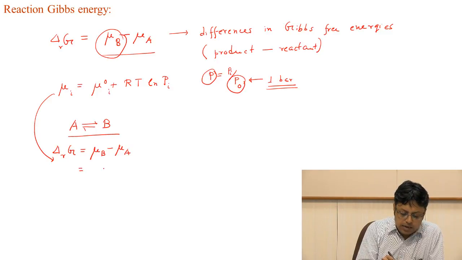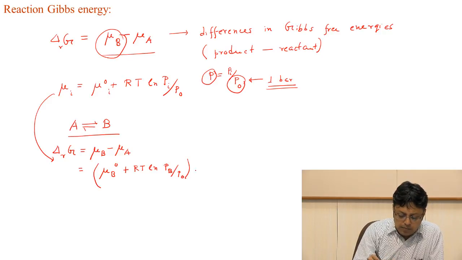We can write mu B as mu B0 plus RT ln PB, let us use the full form, PB by PB0. And similarly for mu A, we can write it as mu A0 plus RT ln PA by PA0.